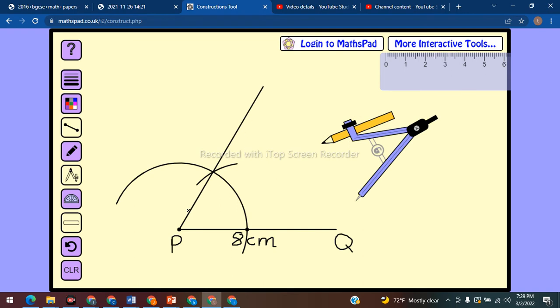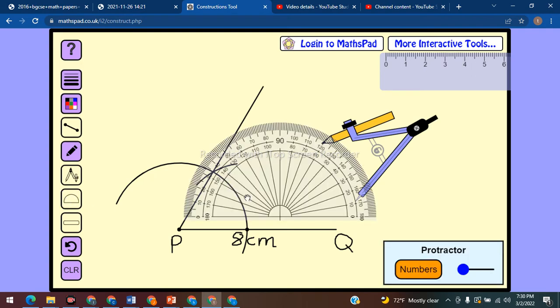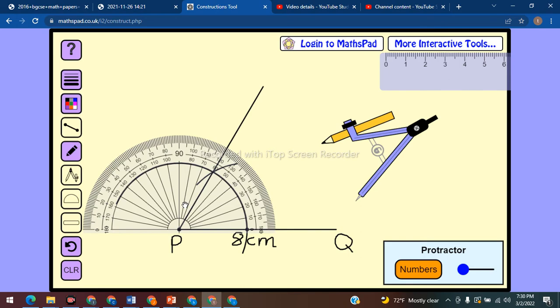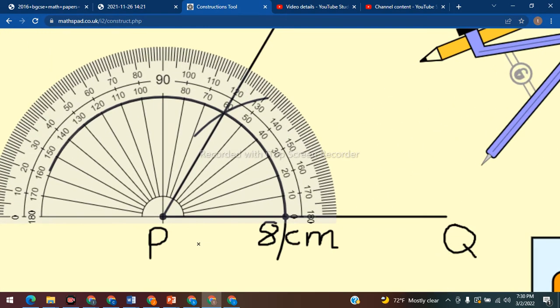Now what do we have to use to measure to see if it's accurate? What's the instrument we use to measure to see if the line is right? The protractor. Very good. So we're going to get our protractor. We're going to place it at P. Does it pass through 60?